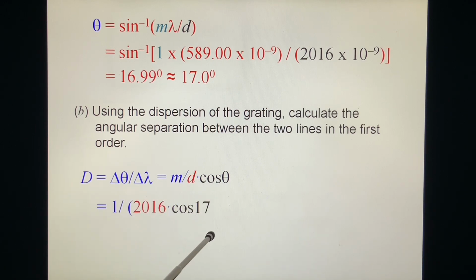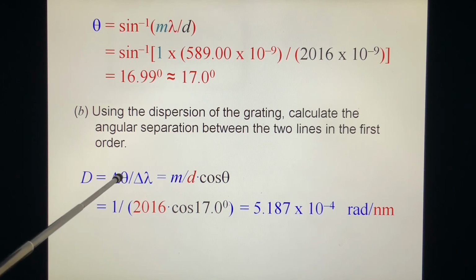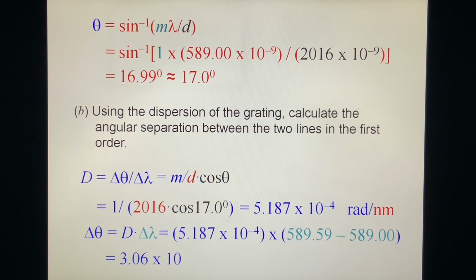You put them in and we get D. The unit is per nanometer, remember, not meter. Once we know D and delta lambda, we know delta theta: delta theta equals D delta lambda. We put this number in and we get an angle difference, very, very tiny: 3.606 times 10 to the minus 4 radians.